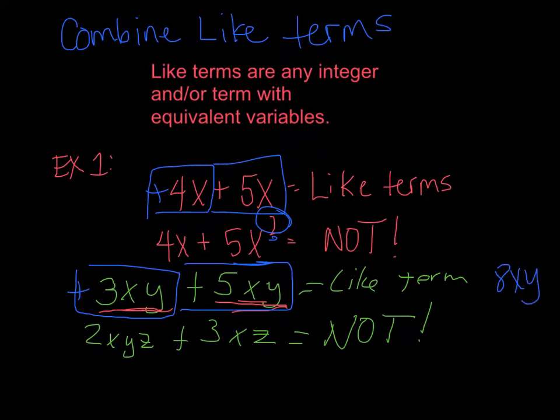That's how you would put them together. This one is not like terms because this has 2xyz and this one has 3xz. If it had the y there, you could call it a like term, but it doesn't, so it's not.